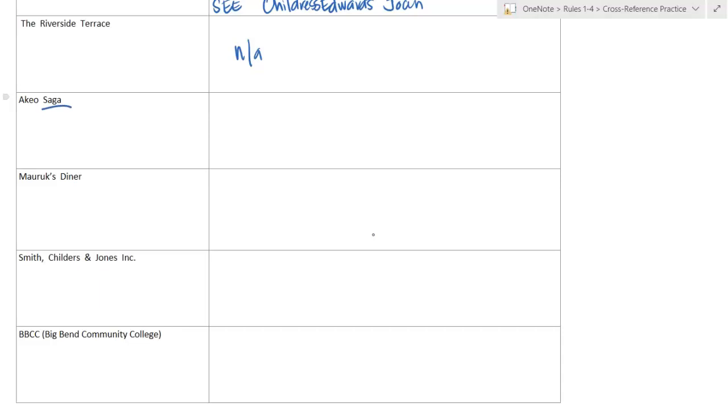So we would still need to create a cross-reference. Our original would be filed under Saga and then Akeo. And our cross-reference card would be Akeo Saga, with Akeo as my key unit, Saga as unit 2, and then C, Saga, Akeo.